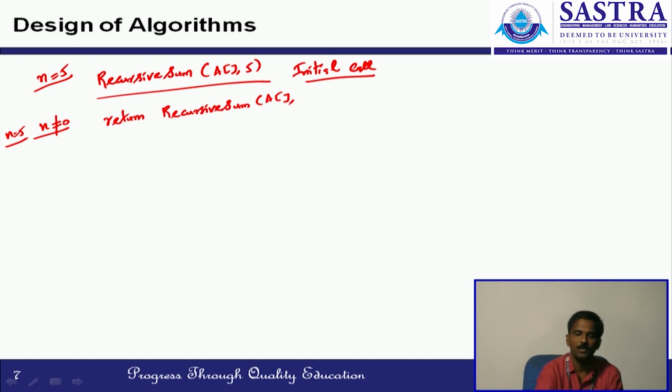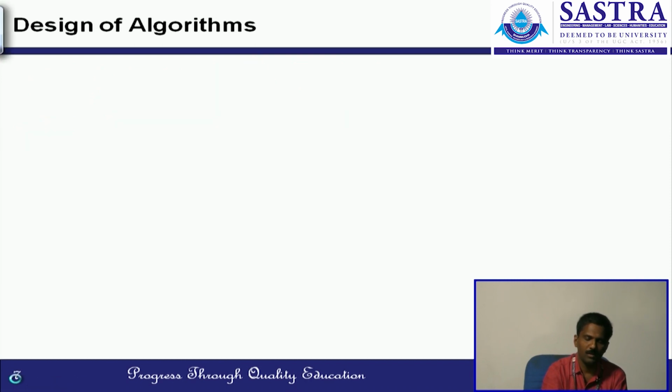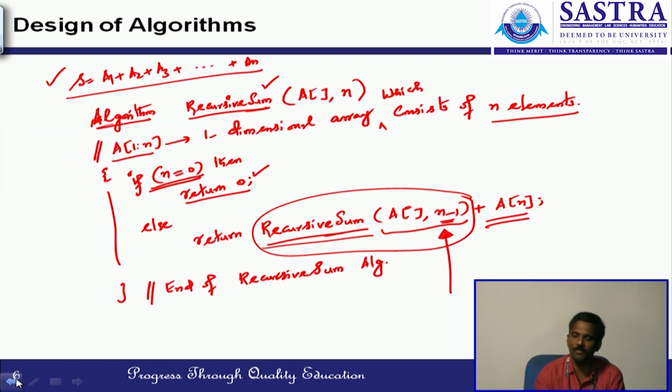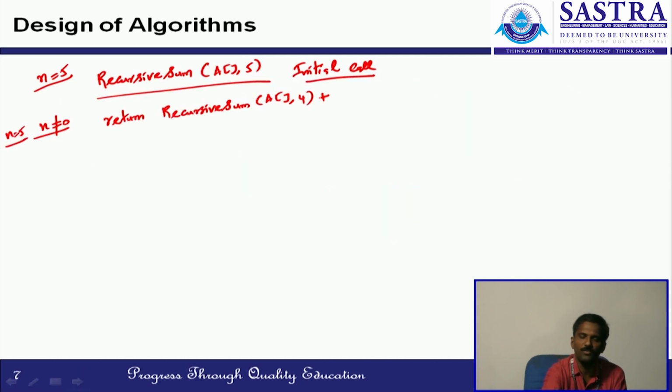N is 5. 5 minus 1, 4, plus what is A of n? N is taken from this formal parameter n. So plus A of n, n is 5, A of 5. Now return recursive sum A array comma 4.